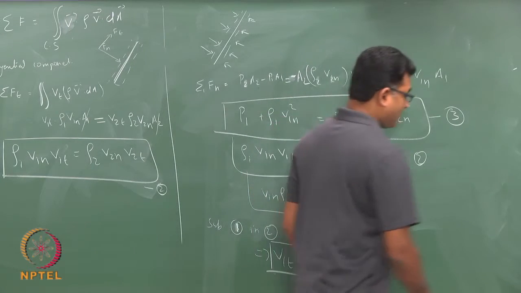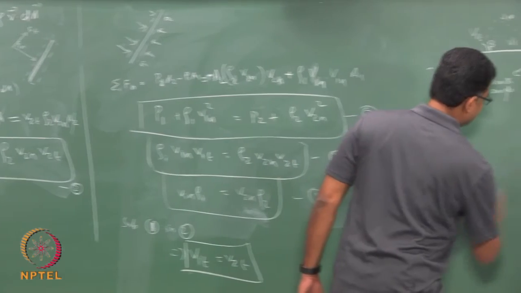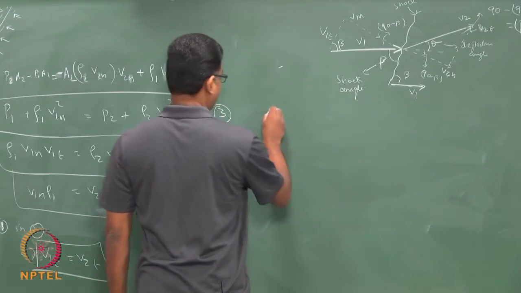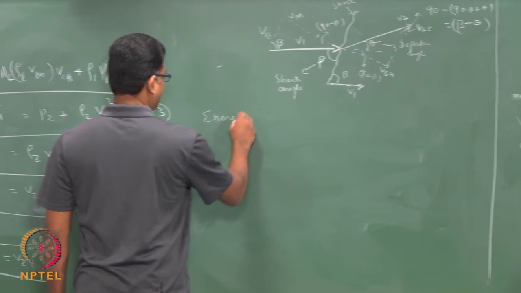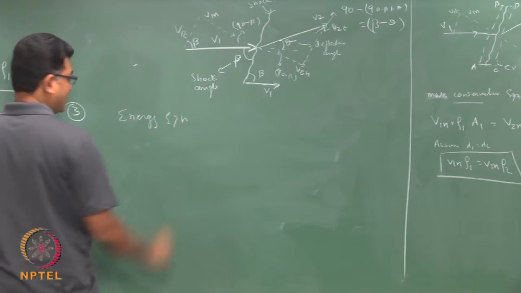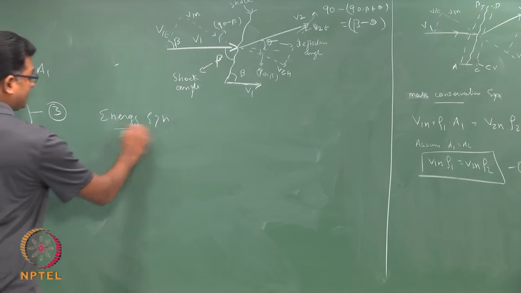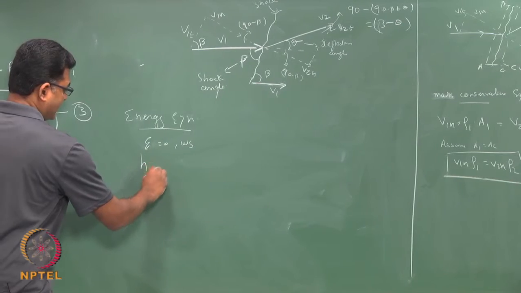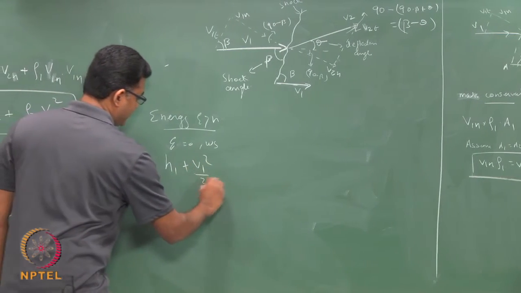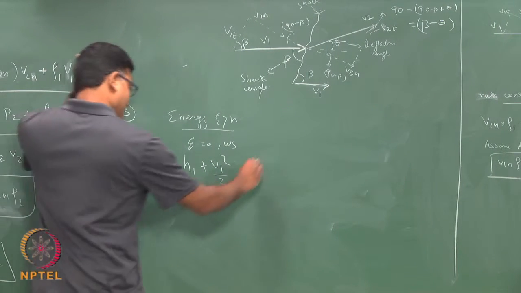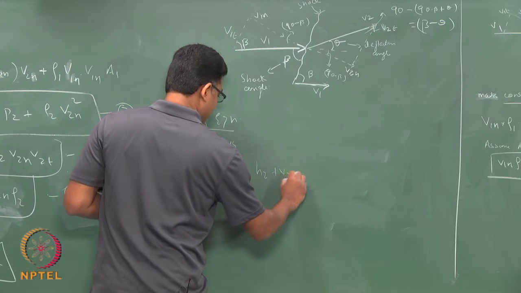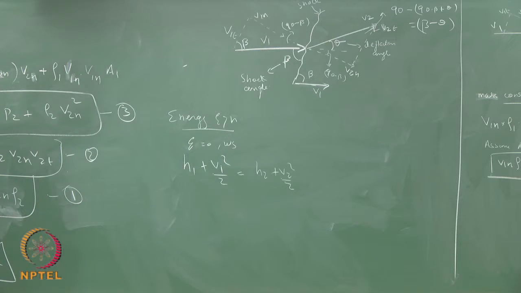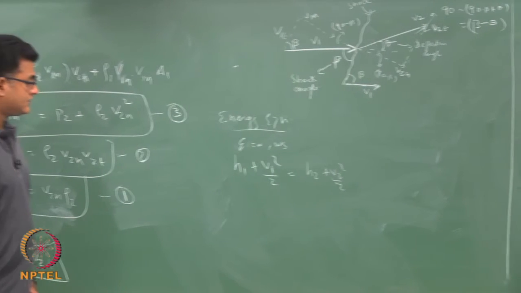Now, what we will do is apply our energy equation. I will leave this figure, and we will apply our energy equation with no heat and no shaft work. H1 plus V1 square by 2 equals H2 plus V2 square by 2. But V1 is now the resultant of this.